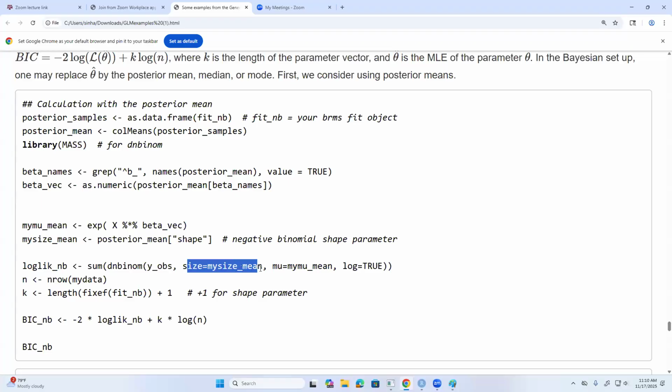Psi is equal to this. Psi means the shape parameter, and mu is the mean parameter. I put the suffix mean because I'm calculating it based on the posterior mean.